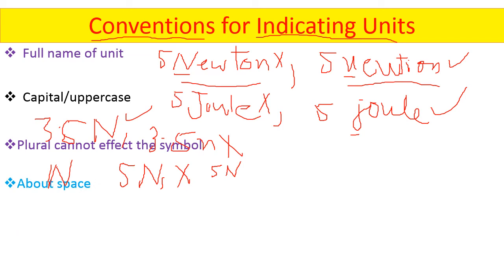The next convention is about space. There is always a space between the numerical value and the unit.